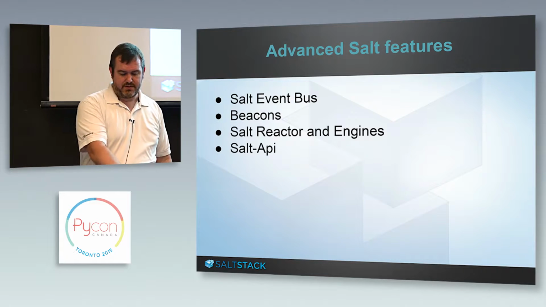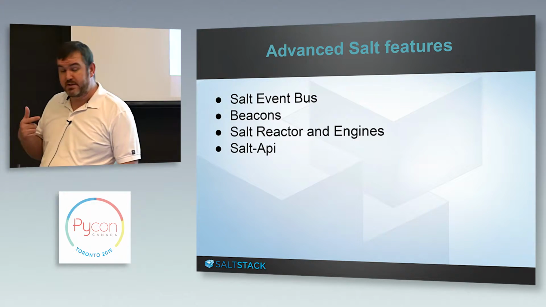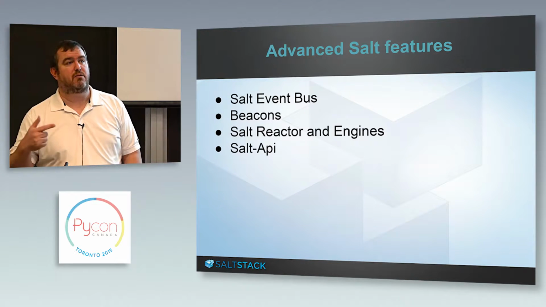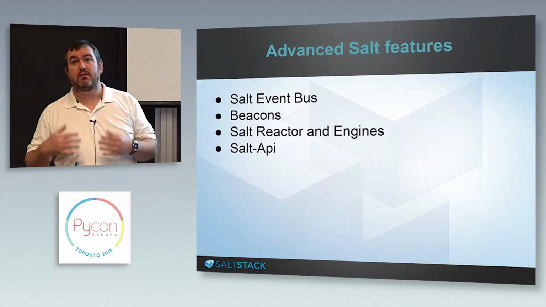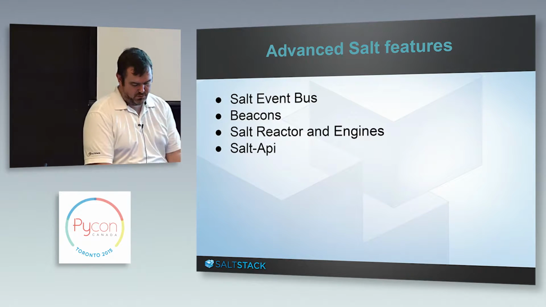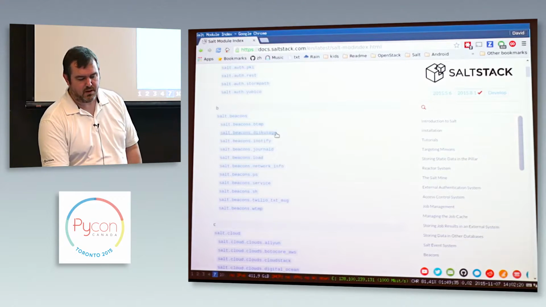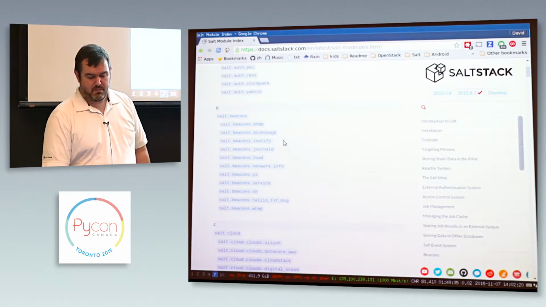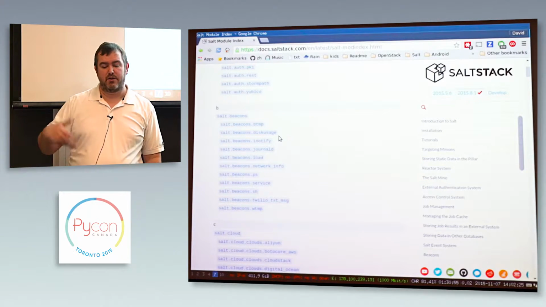The next item here is a beacon. A beacon is a very simple Python module that runs on your minion at an interval that you specify, and it will do something and then send a message up to the master. For example, we have a disk usage beacon. Say you check every minute.